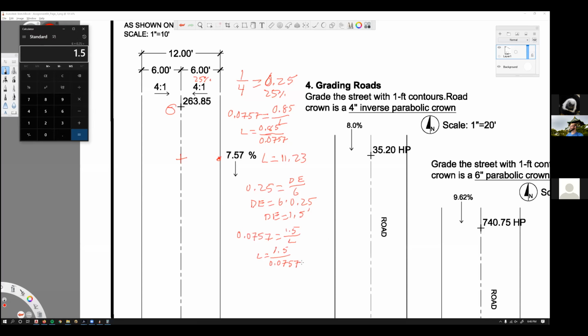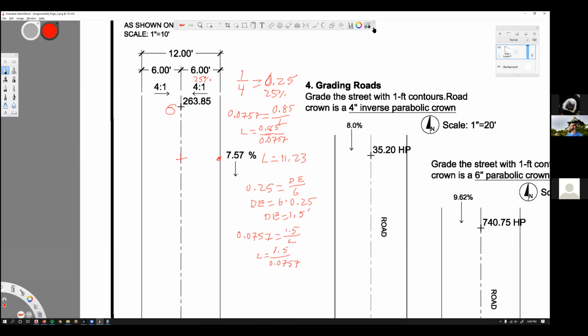Go to our calculator. 19.82. Really far. L equals 19.82. So round it up to 20.